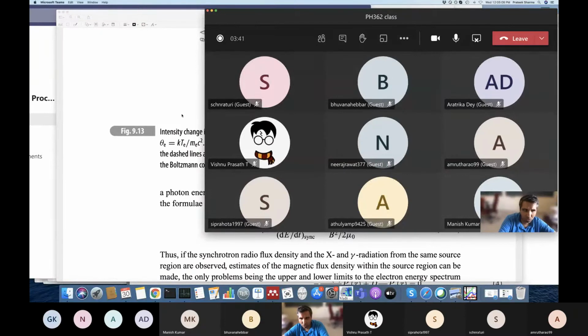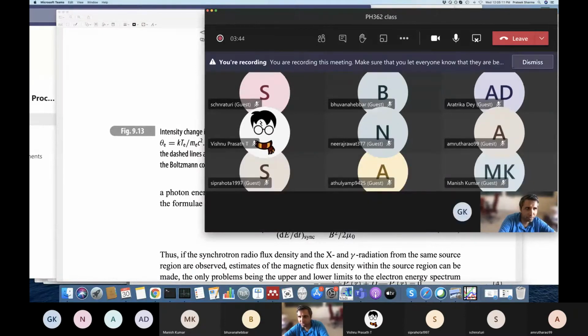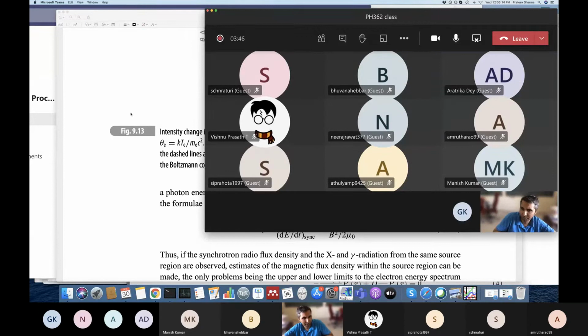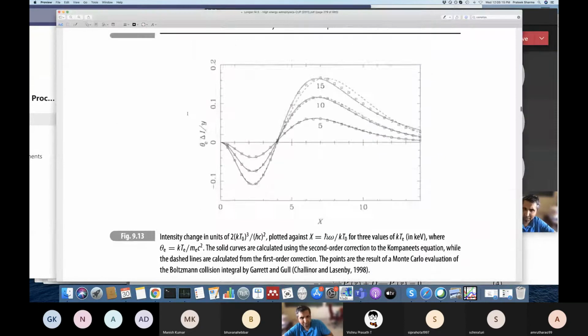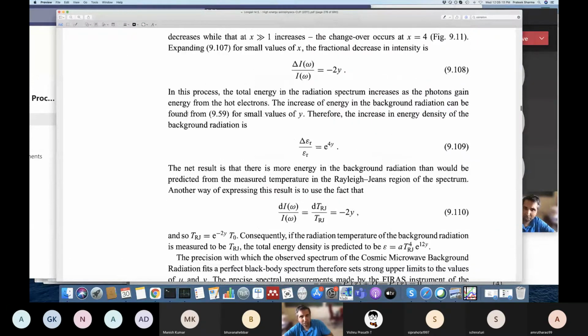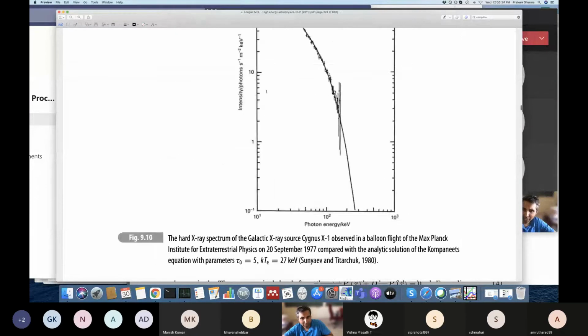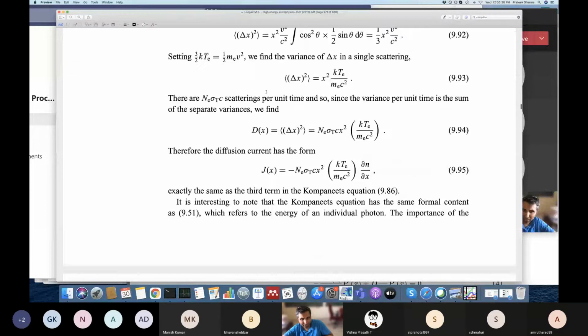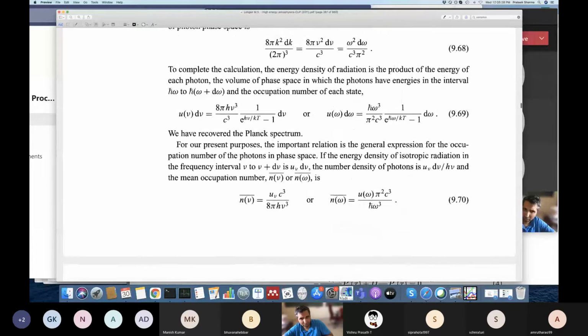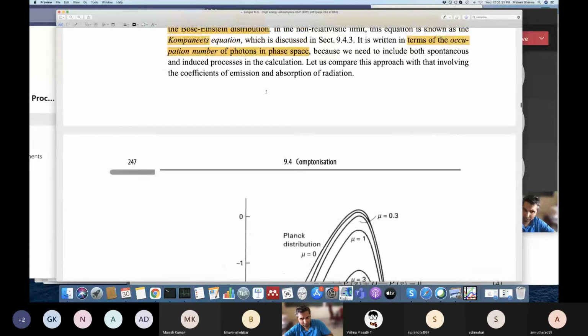Right. So most of the material that I've been covering is from Relativistic Enlightenment, but for the other book that I have put up, this Longair's book, which is also shared in the material, is also very good, especially when it comes to synchrotron radiation and Compton processes.